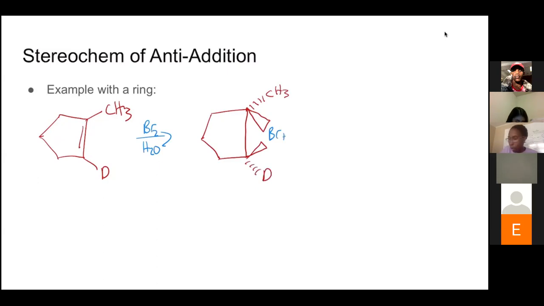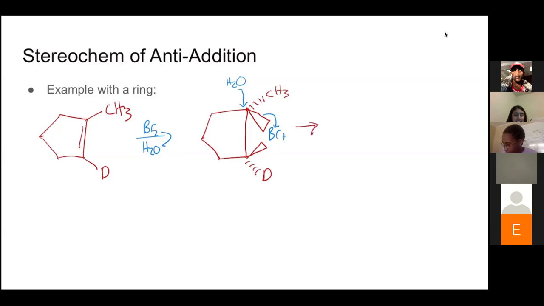Well, our water molecule, if you remember, is going to go in and attack the carbon that is more stable, which is this top carbon up here, since it's connected to 1, 2, 3 carbons. So I'll draw my arrow, and I'll draw my arrow of the bond breaking between the carbon and bromine up here.